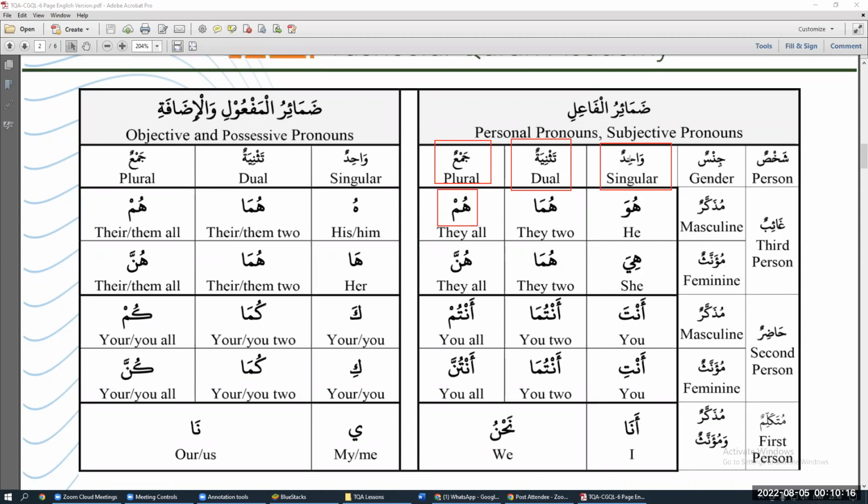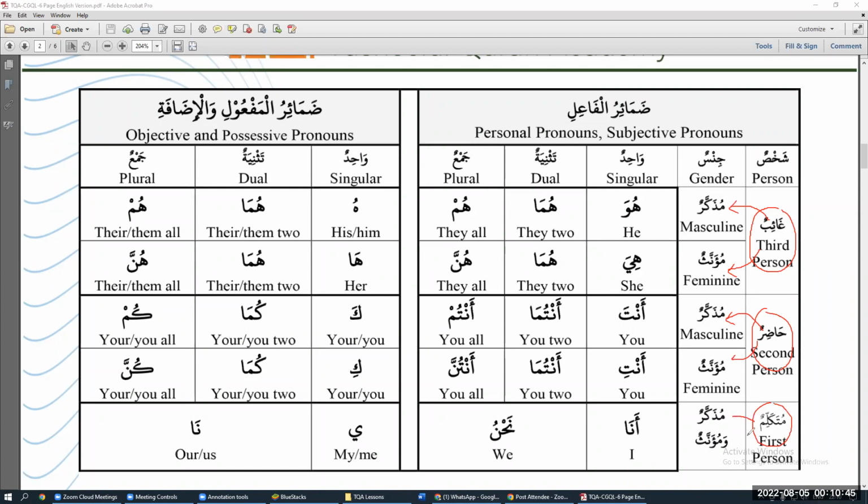As here you can see, as we told you last time, this is ghaib. It has muzakkar, masculine, and muannas. And similarly hadir, muzakkar and muannas. We have covered it very well last class. Still, a little revision.